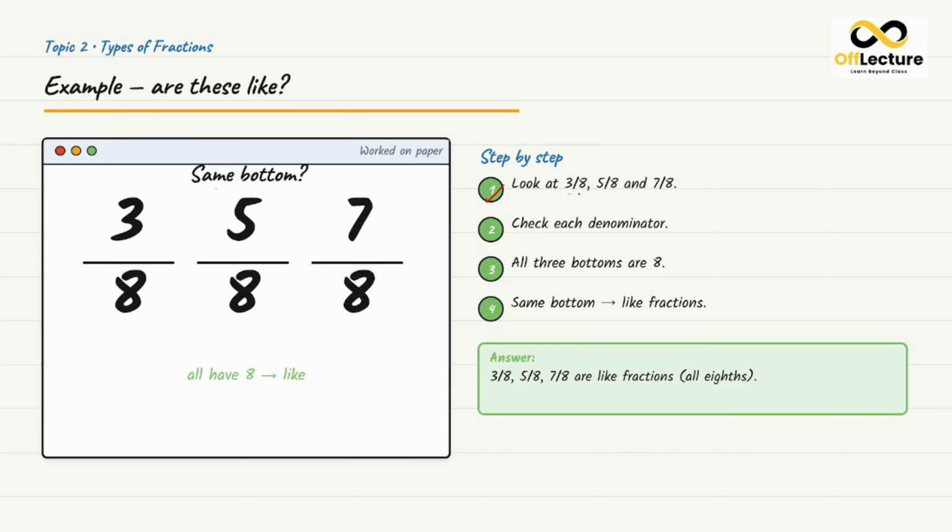We look at 3 by 8, 5 by 8 and 7 by 8 and check each denominator. This is 8, this is also 8, this is also 8. So all three bottoms are 8, and the same bottom means like fractions. So the answer is yes, 3 by 8, 5 by 8 and 7 by 8 are like fractions.